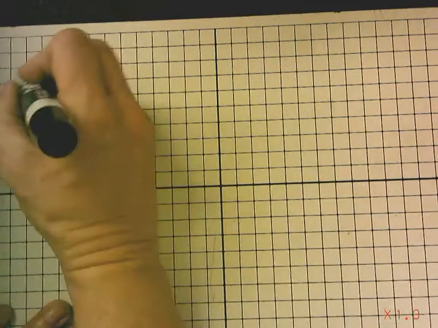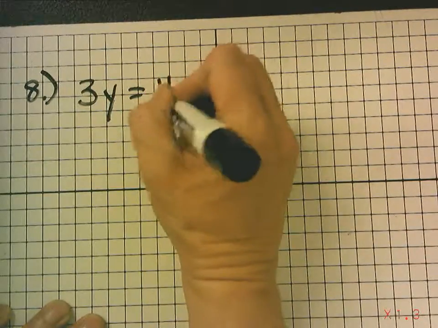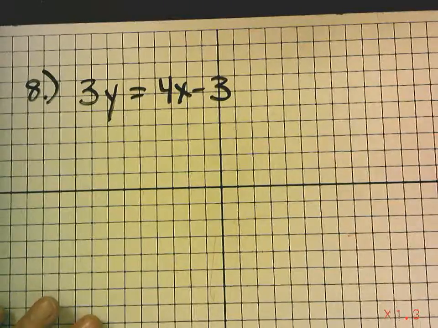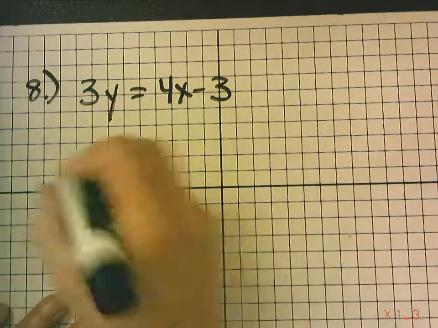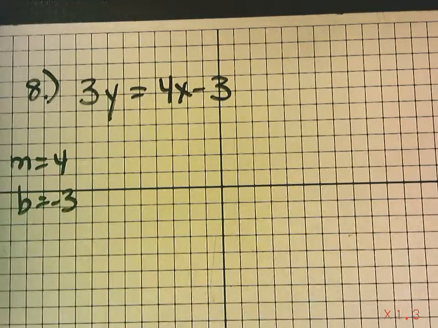Now, if we look at number 8, number 8 says 3y equals 4x minus 3. Okay? Now, here, I can't just say m equals 4 and b equals negative 3. And think about why.